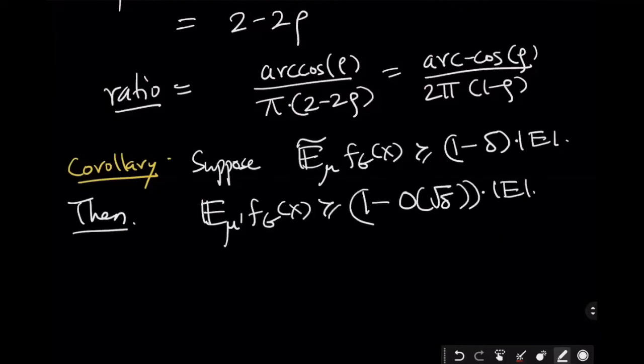In some sense you can think of this as something sensible when delta is very small. Of course, because there are constant factors here, this is not a sensible expression when delta is large.